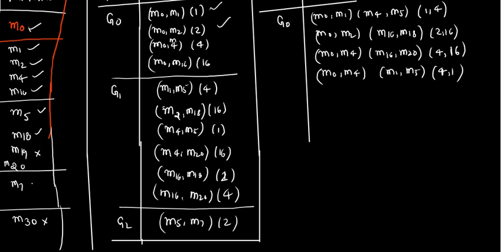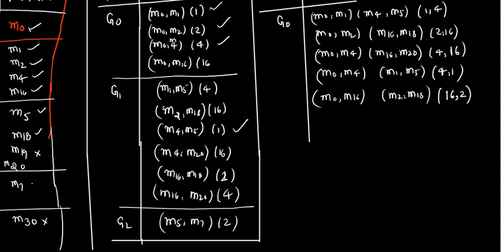So we have just included M0, M1 with M4, M5, and M0, M16 with M2, M18. The difference is 16 and 2.